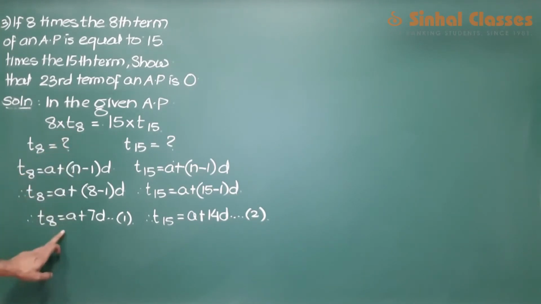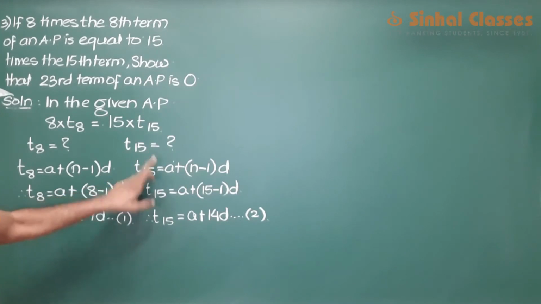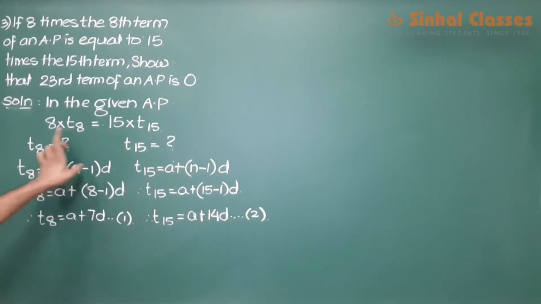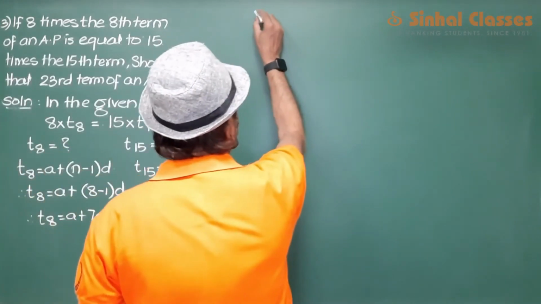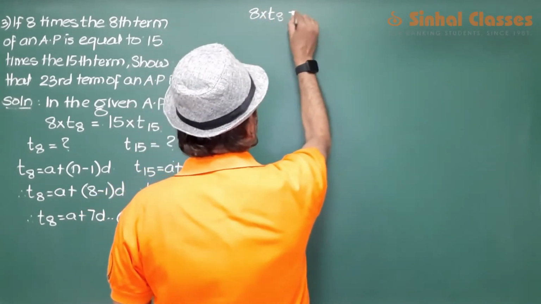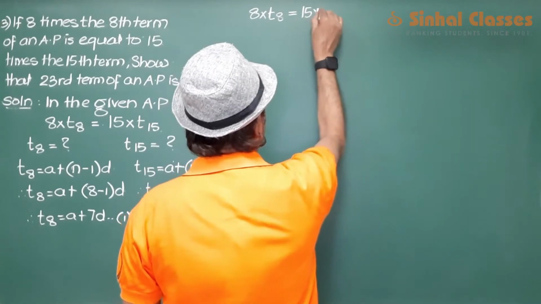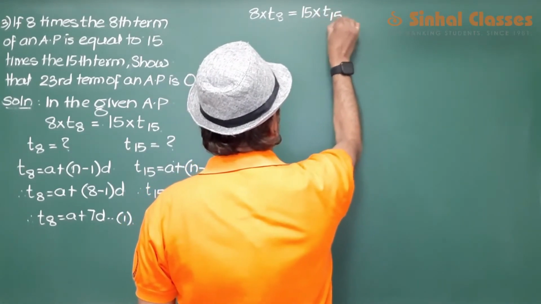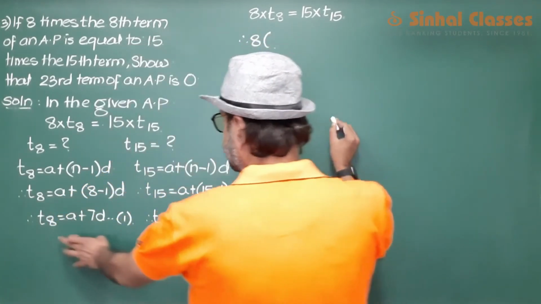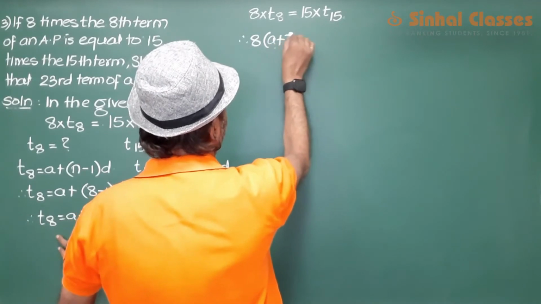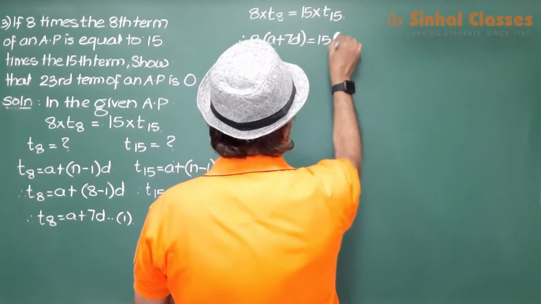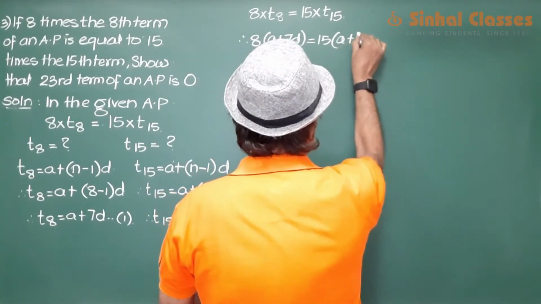The 8th term should be a plus 7d, 15th term should be a plus 14d, and then let us take this condition in the given AP. 8 times 8th term is equal to 15 times 15th term. So that would be 8 times 8th term, which is a plus 7d, equals 15 times 15th term, which is a plus 14d.